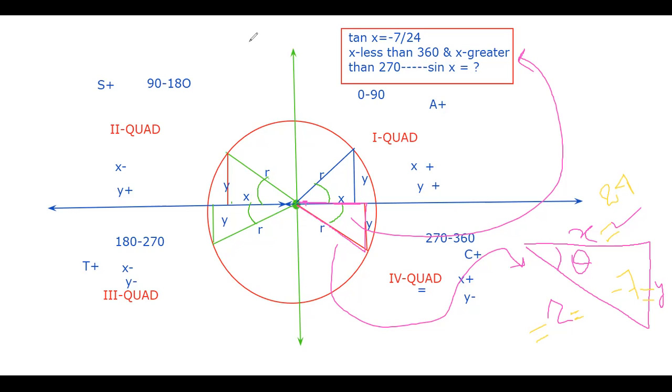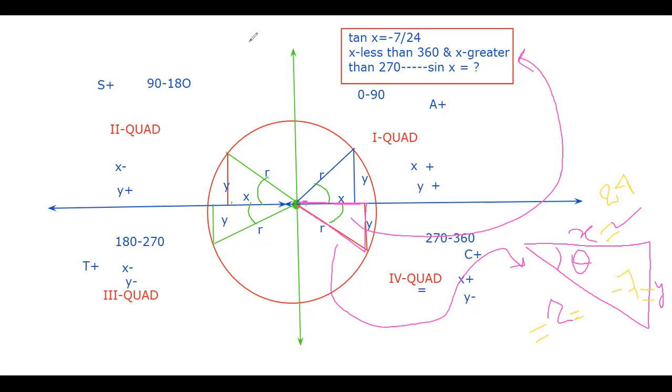Anyhow, you will have to calculate r because you have to get the value of sine x, and sine x is the opposite to the hypotenuse. Am I right? So you are looking for the sine. SOH: sine is opposite to the hypotenuse.